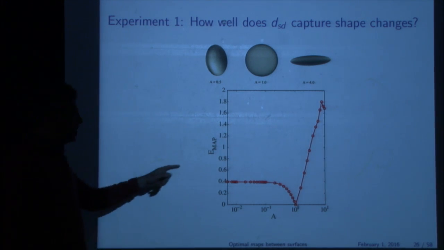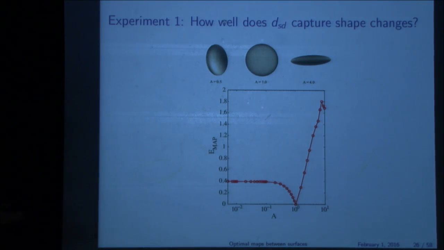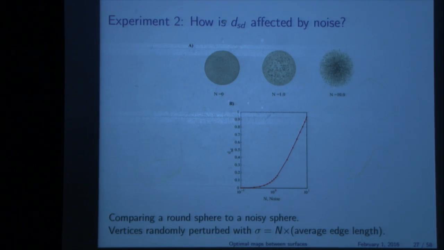There's a breakdown in the numerics for very high stretching, and that's because we are using a mesh with about I think 1,000 points to represent the sphere. And once the sphere gets too needle-like, its sharp point just starts poking through the mesh. So here's a second experiment. So that was, in case you didn't get the point, a success in the first experiment.